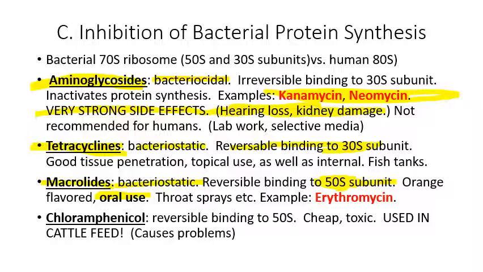That's usually one of the macrolides, and the best example is erythromycin. They're not terribly effective at killing bacteria because they are bacteriostatic, not bactericidal, but they're also relatively harmless.